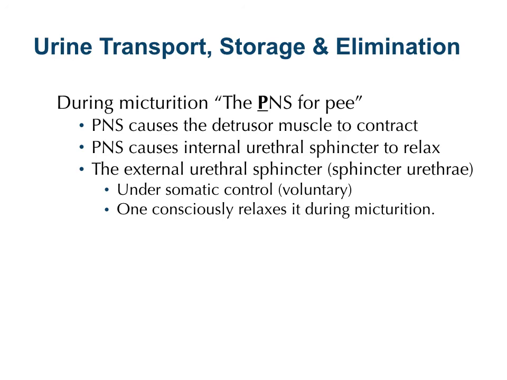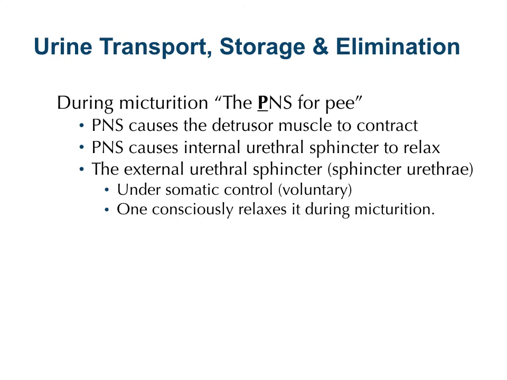During micturition, when we want to expel the urine, the PNS, or the parasympathetic nervous system, comes into play. Think PNS for P. The parasympathetic nervous system will cause the detrusor muscle, the main contractile muscle of the urinary bladder, to contract.